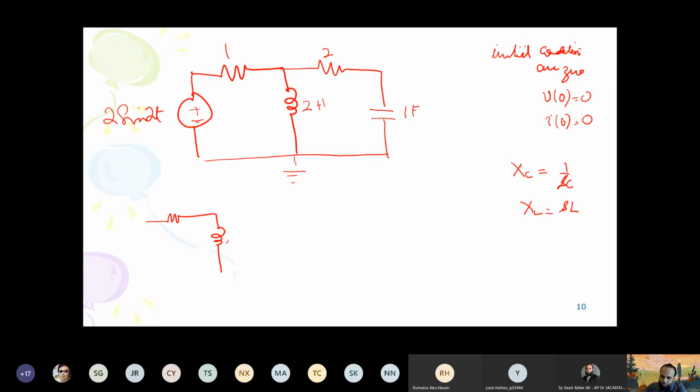So S is S and L is 2 for this one, and it will be 1 upon S times 1. And if you remember, the source is something upon S square plus 4.